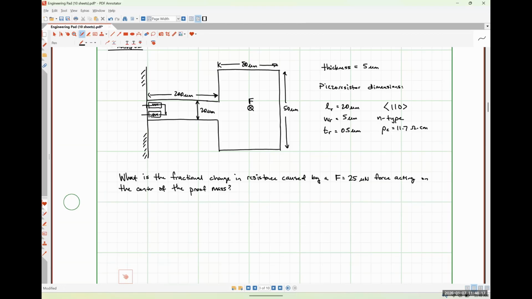And then we'll follow this up with what is the absolute change in resistance caused by this force.